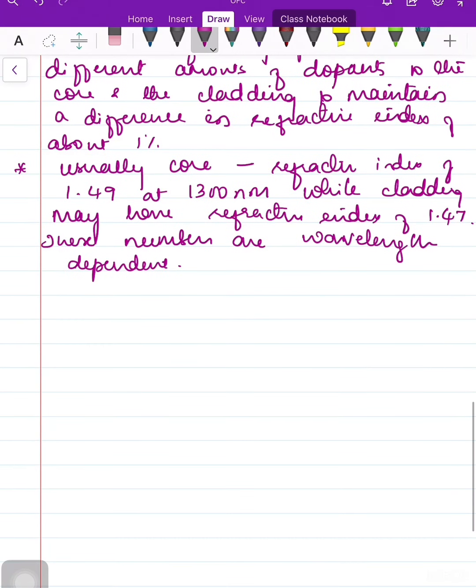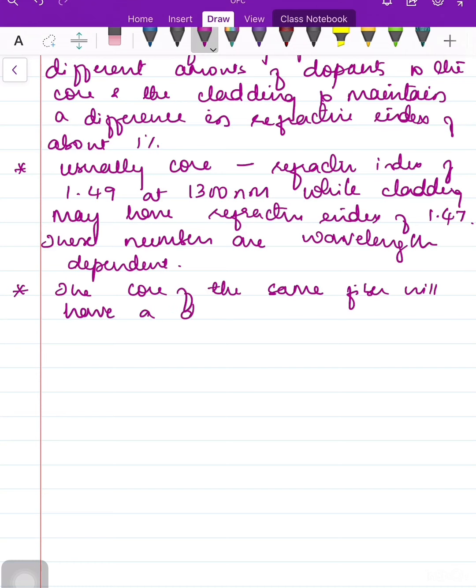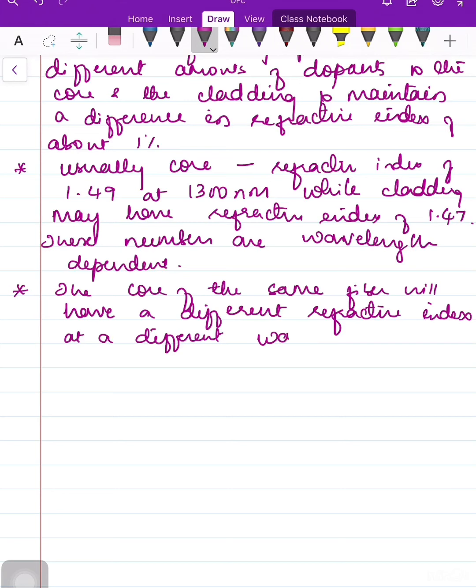Hence we can write that the core of the same fiber will have a different refractive index at different wavelengths. Clear? Yes.